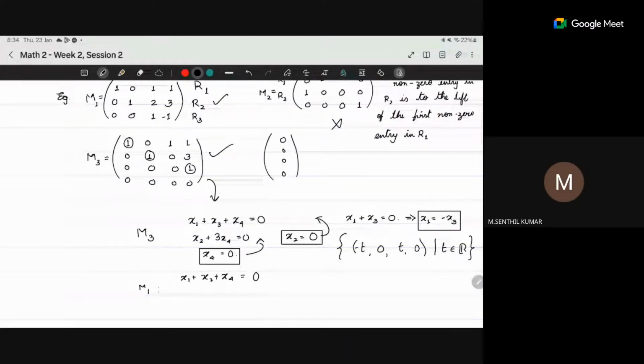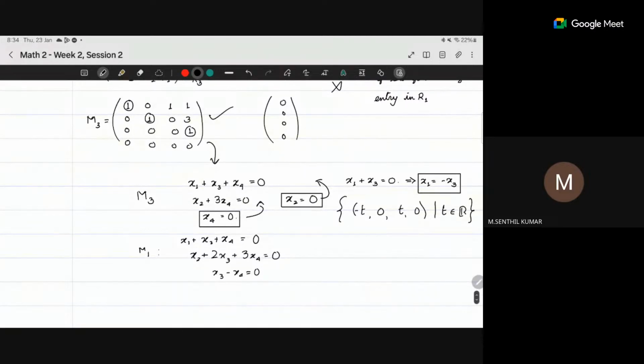For a non-homogeneous system of equations, the procedure is similar. 2x2 plus, sorry, x3. If I make mistakes, please point it out. This is 0, and you have x3 minus x4 is equal to 0.